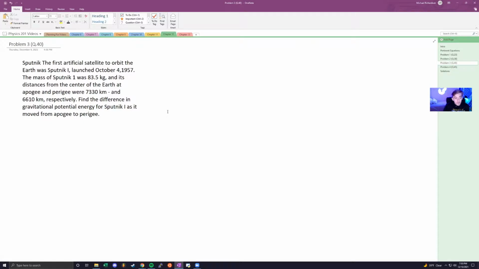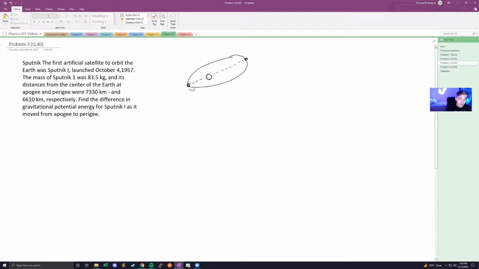So what we want to do is find the difference in gravitational potential energy for Sputnik 1 as it moved from apogee to perigee. Okay, so right off the bat, I want to describe what apogee and perigee are to you guys. So remember what I was saying beforehand with Kepler's laws. So if we have the sun at focus, then there are really 2 points here that will hold a lot of information for us.